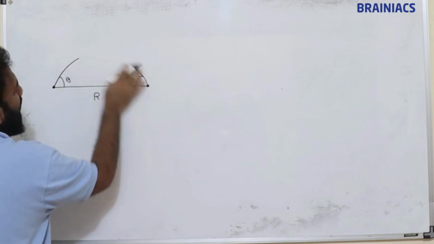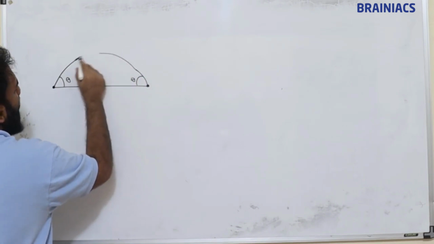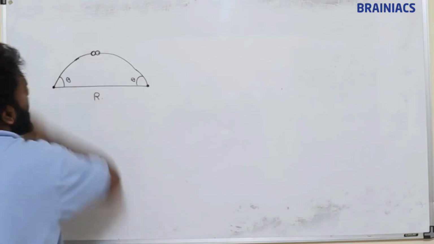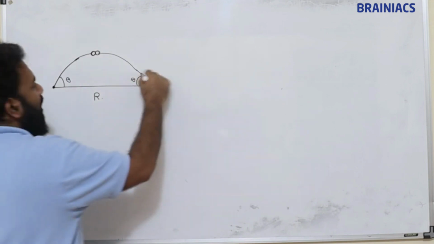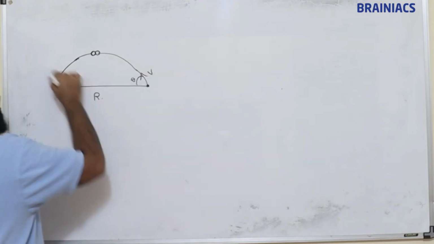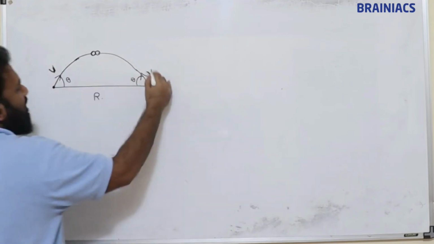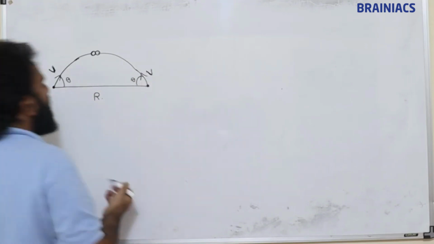So obviously they are going to meet and they will be colliding at exactly the same distance, because angle is same, initial velocity is same, and their masses are same. Then they are asking about the momentum.